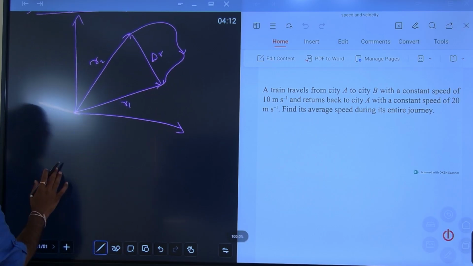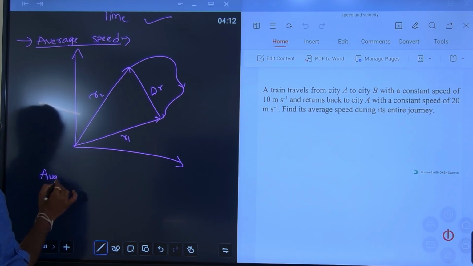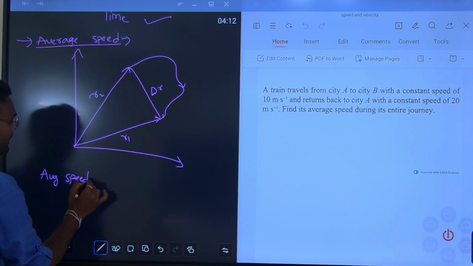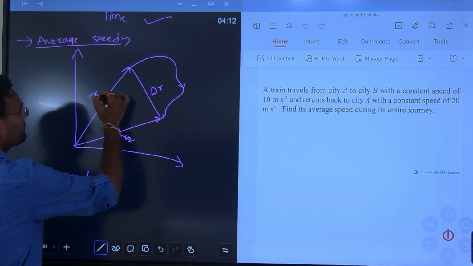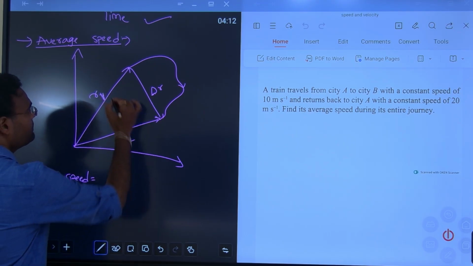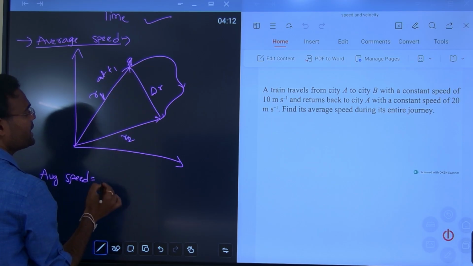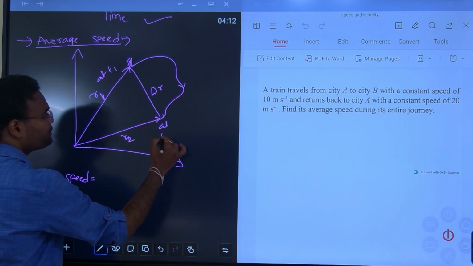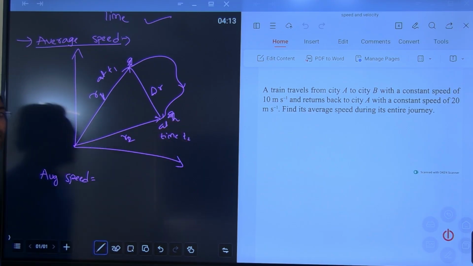Now average speed is equal to, suppose at a time t1 the object is here, and at time t2 the object is here.